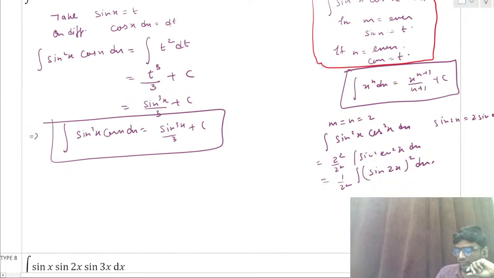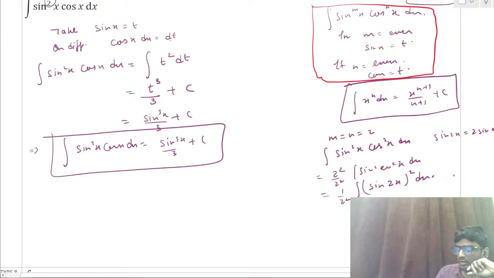We also know that 2 sin square x is nothing but 1 minus cos 2x. So we replace and integrate: sin square 2x becomes 1 minus cos 4x by 2, dx.